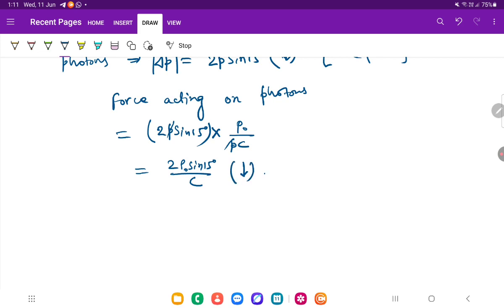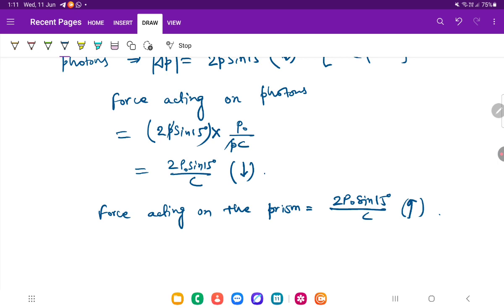So from Newton's third law you can clearly claim that the force acting on the prism will be of the same magnitude, but the direction will be reversed. The force acting on the prism will be 2p naught sin 15 degrees by c.